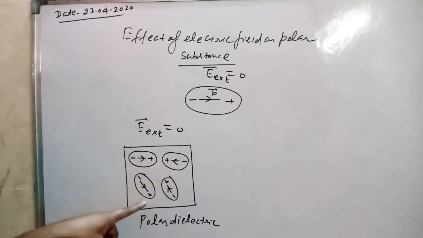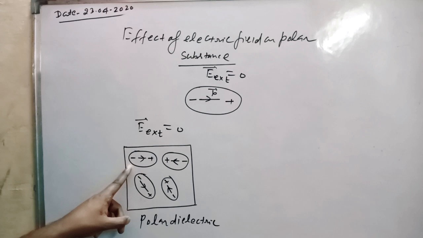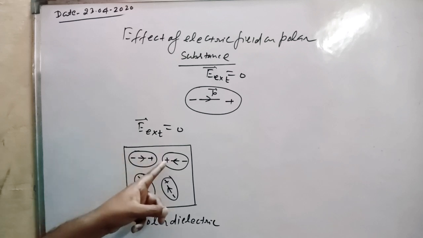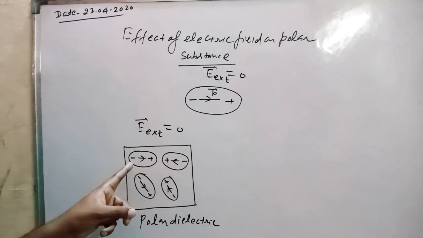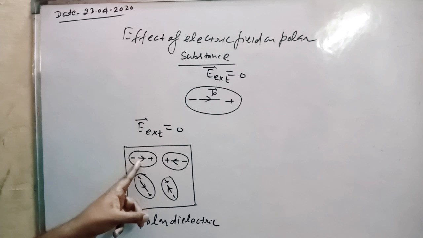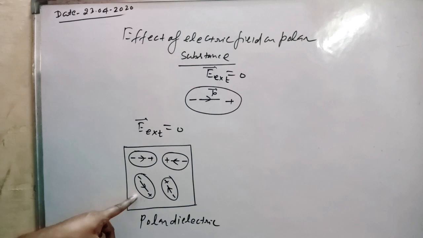the net dipole moment of all molecules is zero. Now here, the dipole moment of the first molecule is in the right direction, and the dipole moment of the second molecule is in the left direction. That means this dipole moment cancels this dipole moment. For the third molecule the direction of dipole moment is negative to positive, and for the fourth molecule also negative to positive.